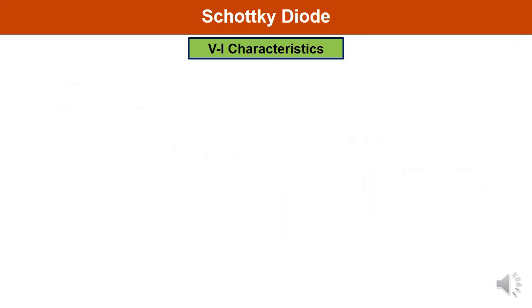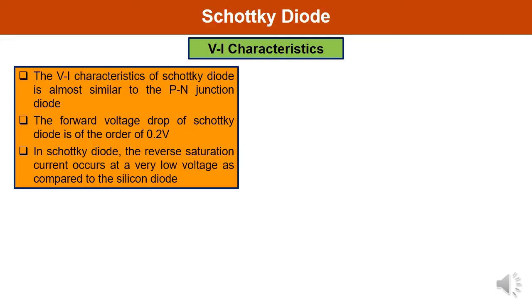Now let us draw the VI characteristics of a Schottky diode. VI characteristics of the Schottky diode can be drawn in the same manner as we have drawn for the PN junction diode. Means you have to draw it for the forward bias and for the reverse bias, but there are some important points. See, VI characteristic of Schottky diode is almost similar to the PN junction diode.